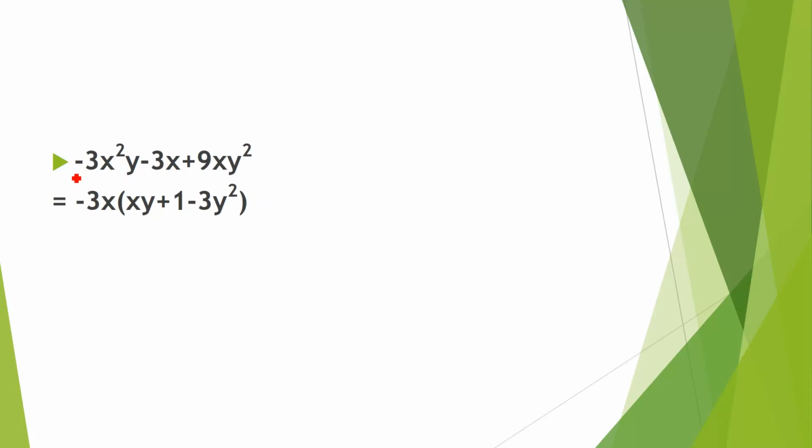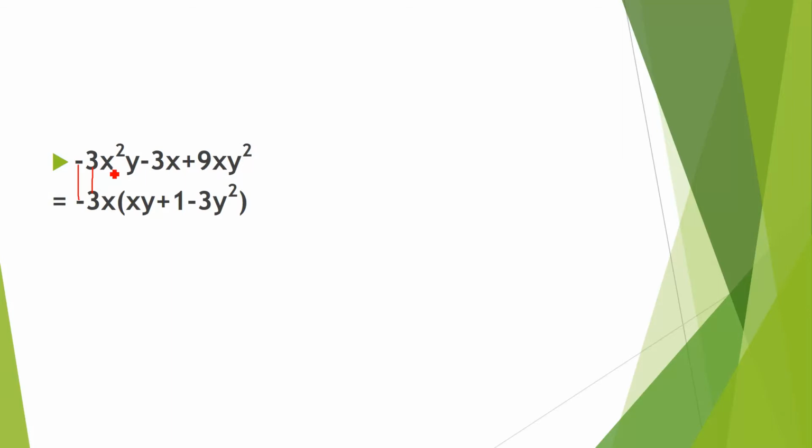Third question is minus 3x square y minus 3x plus 9xy square. Again we have to factorize it. You are learning factorization to write your answer in the simplest form. So here is minus 3, so minus we can take as a common, then 3 we can take as a common. Why? Because 3 is here, 3 is here, and 3 times 3 is 9, so 3 is also here.